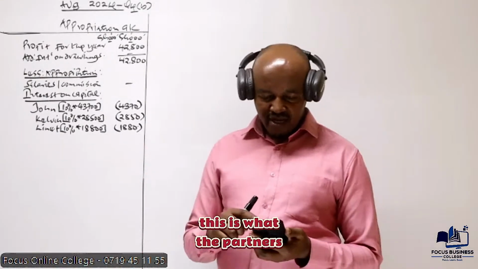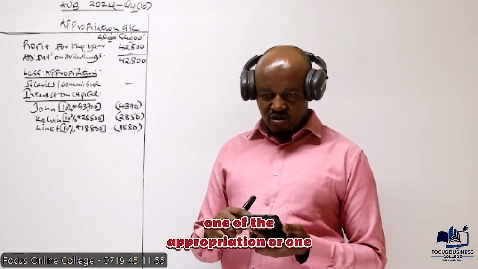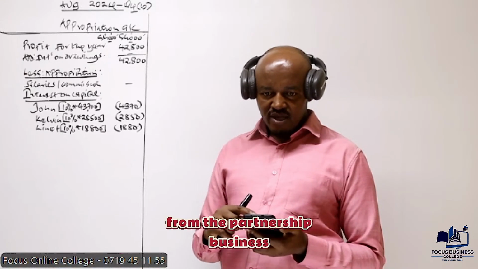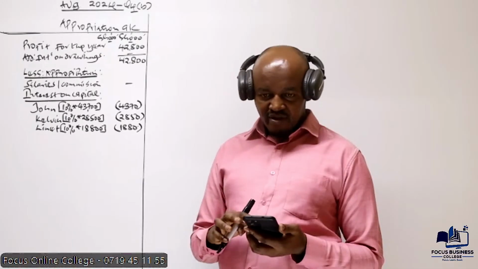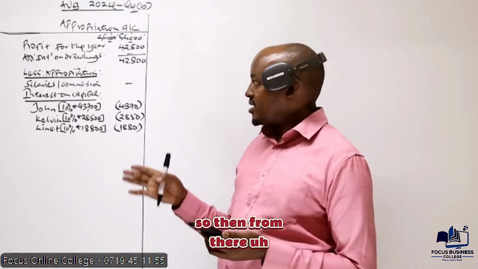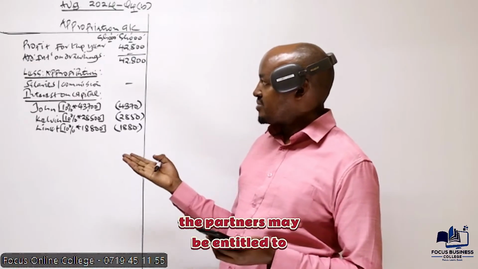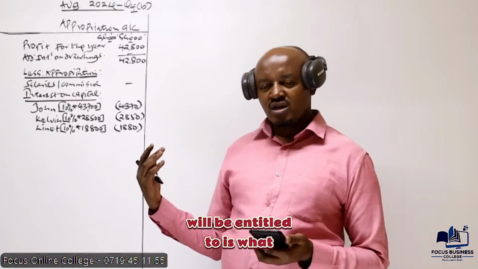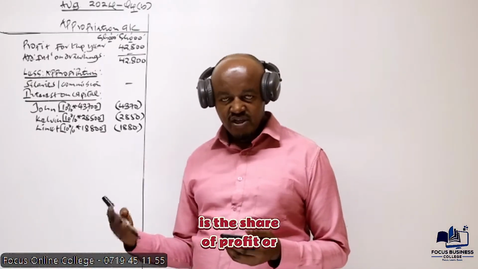This is one of the appropriations the partners will be entitled to from the partnership business. The other appropriation the partners may be entitled to is the share of profit or the share of loss.